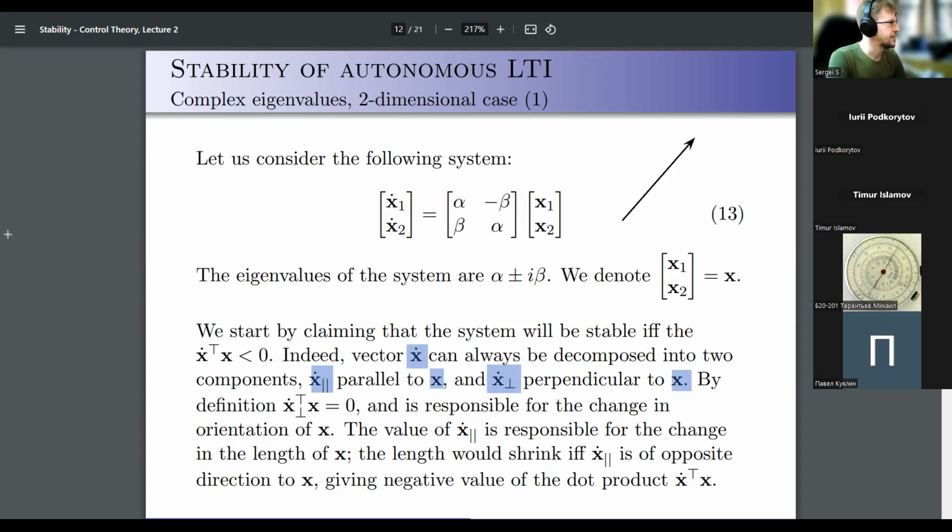Let's say this is x. And let's say that in pink here is x dot. And this is dx/dt.